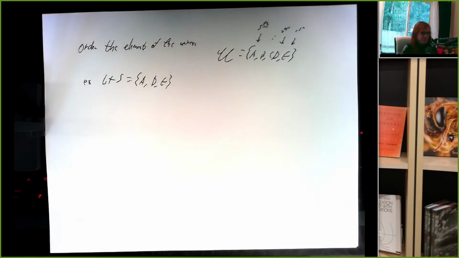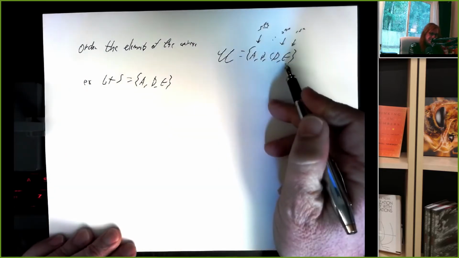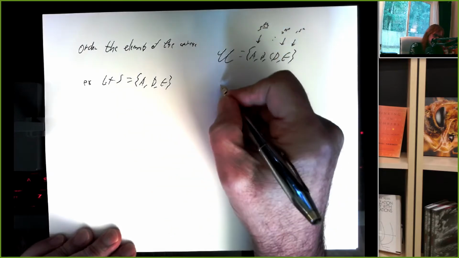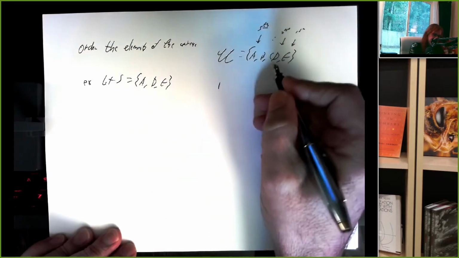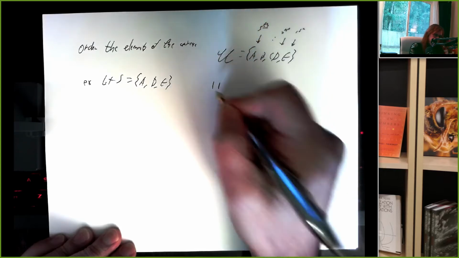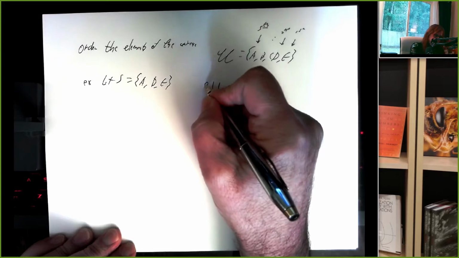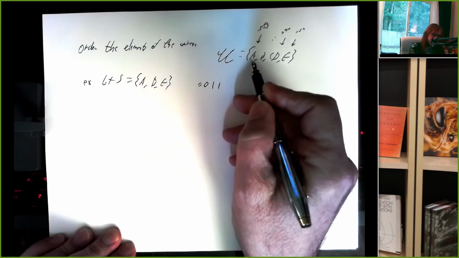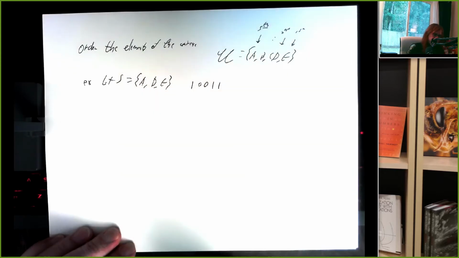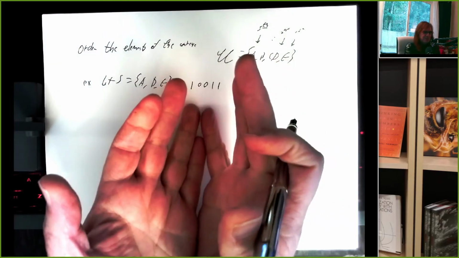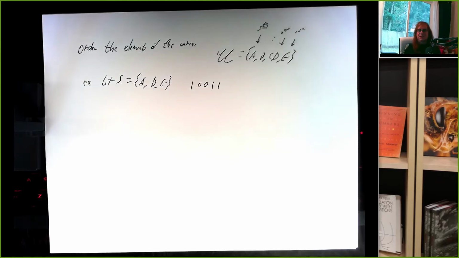I'm going to write a 1 in the first bit position if E is an element of my set, and a 0 if it's not. So since E is contained in my set, I'm going to put a 1 right here. Since D is contained in my set, I'll put a 1 here. Since C and B are not in my set, I'll put zeros there. And since A is in my set, I'll put a 1 there. And so this will be the 5-bit number corresponding to my set, ADE.